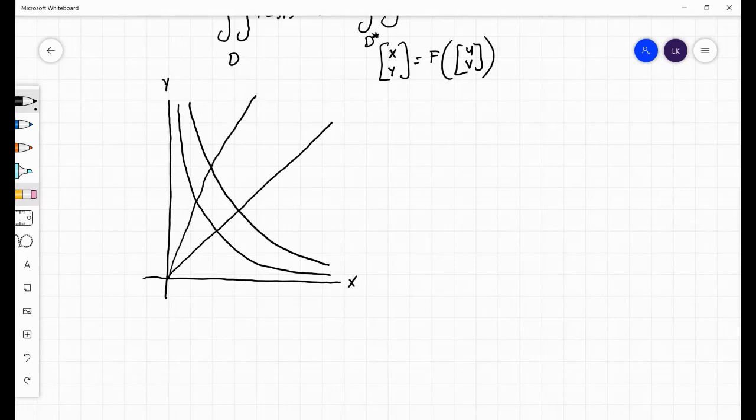Okay. So I'm going to write down the equations of these curves. So this is where x times y equals 1. And this might be where x times y equals, what did I decide finally? 3.